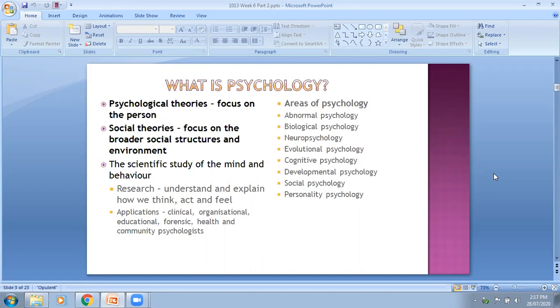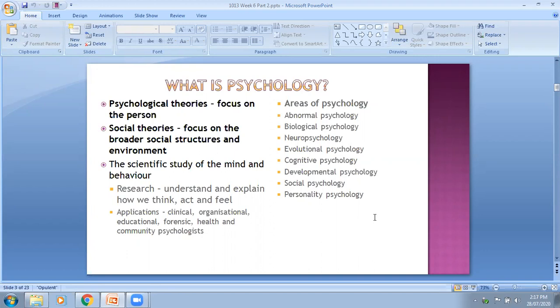There are an awful lot of areas of psychology, and here they all are down the side. So abnormal, biological, neuropsychology, evolutionary, cognitive, developmental, and developmental usually goes with educational. It's usually called Dev and Ed. Social psychology and personality psychology. Now, not all of these are going to be applicable to crime, but each of them is a branch of psychology.